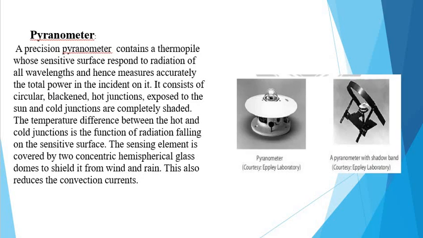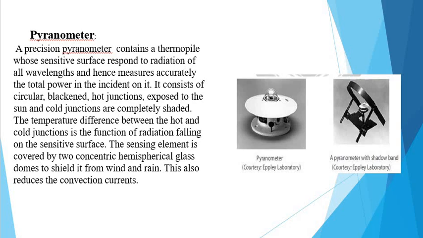Pyranometer. The diagram represents the pyranometer. It consists of a thermopile whose sensitive surface responds to radiation of all wavelengths, and it measures accurately the total power incident on it. It consists of a circular blackened hot junction exposed to the sun, while the cold junctions are completely shaded.